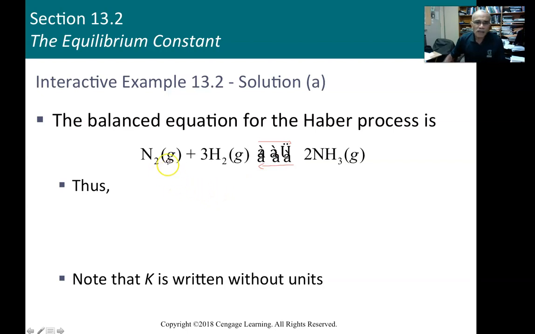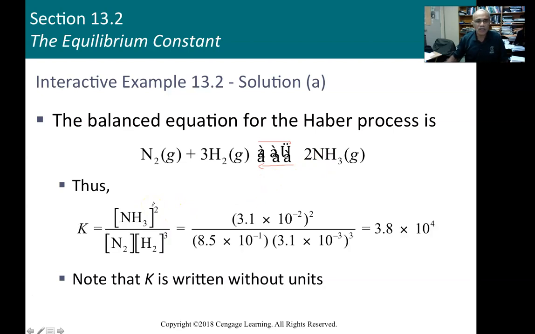So nitrogen reacting with hydrogen, 3 moles of hydrogen to give you 2 moles of ammonia. So the K value will be written in this form: concentration of ammonia squared divided by concentration of nitrogen to the 1 and hydrogen to the 3.